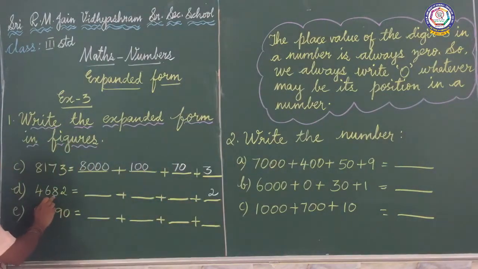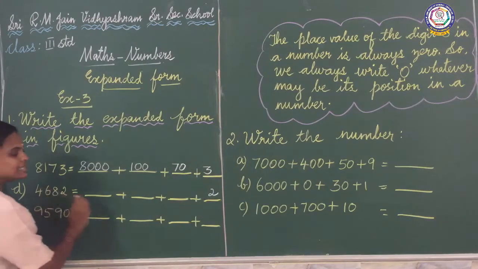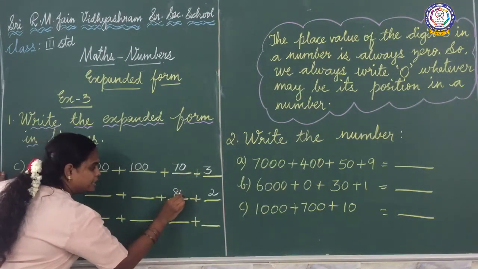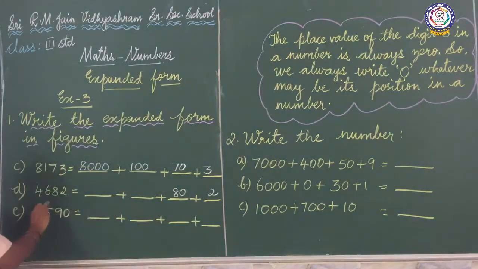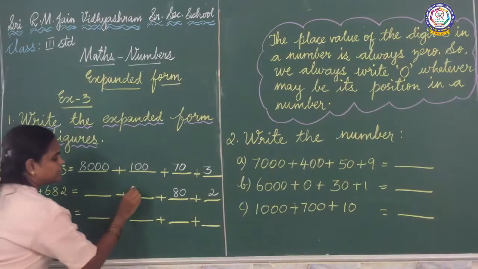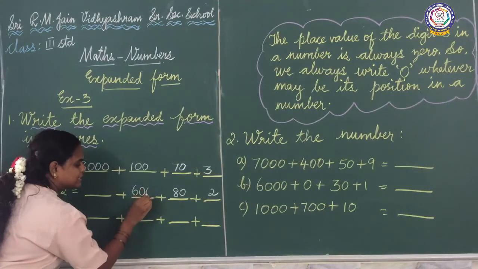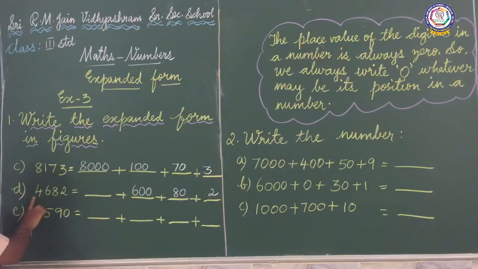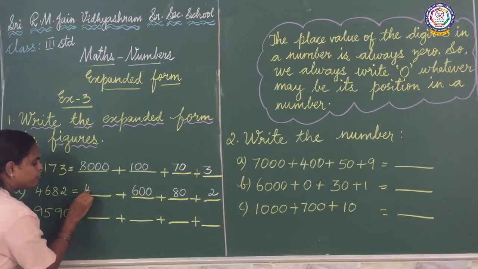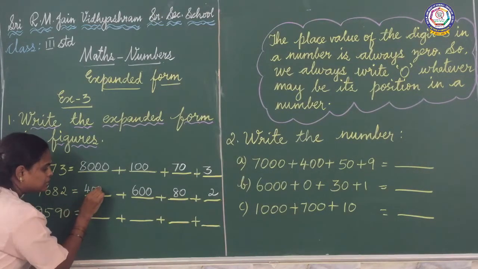Next, place value of 8 is tens. So 8 tens equal to 80. Next, place value of 6 is hundreds. So you write 600. Next, place value of 4 is thousands. So you write 4000.